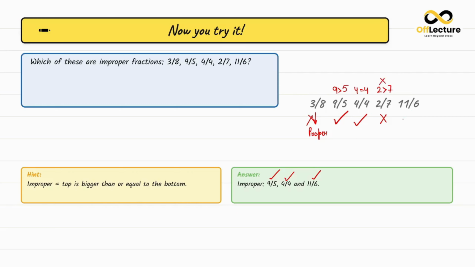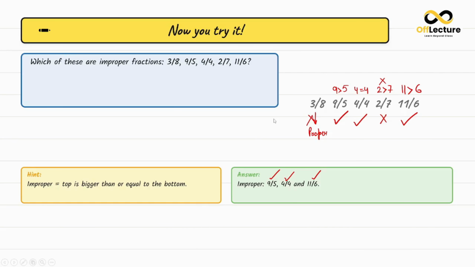And 11 by 6 is an improper fraction because 11 is greater than 6. So this is how we identify proper and improper fractions.